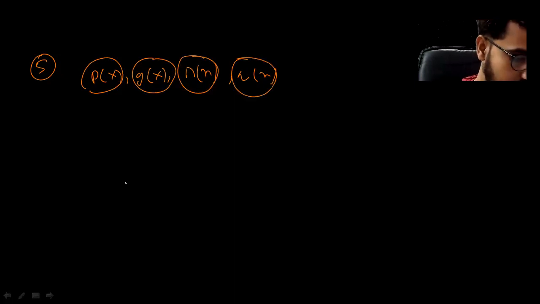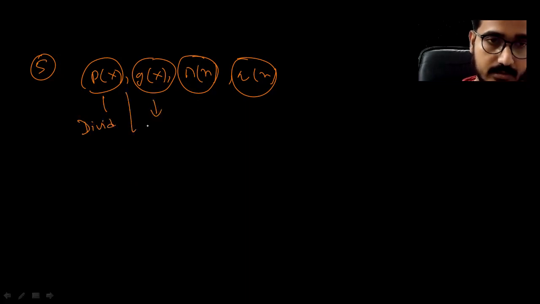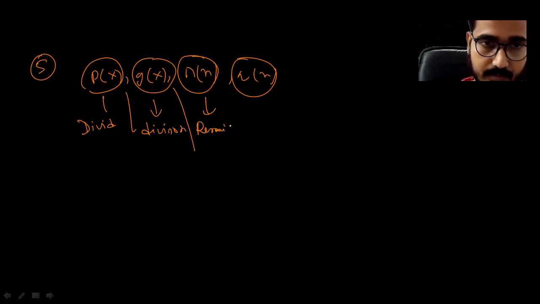So px denotes the dividend, gx denotes the divisor, all are polynomials. Rx is the remainder, and qx will be your quotient.